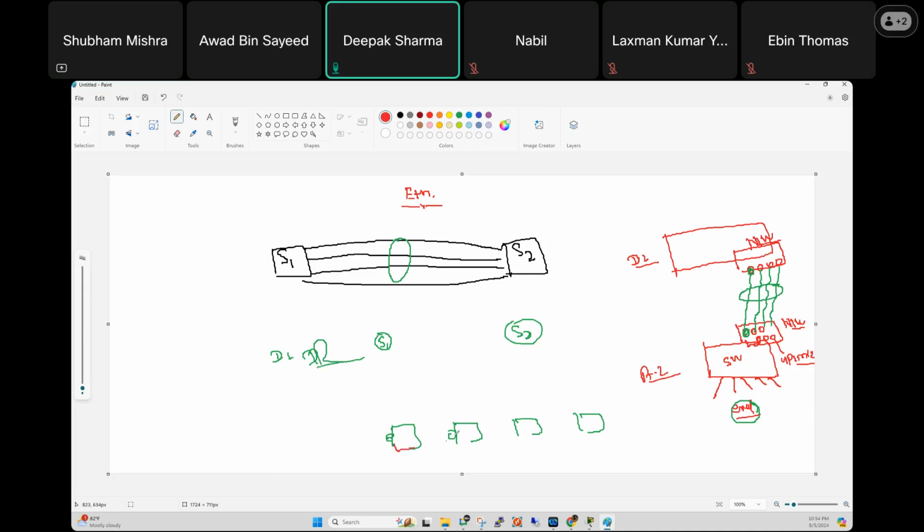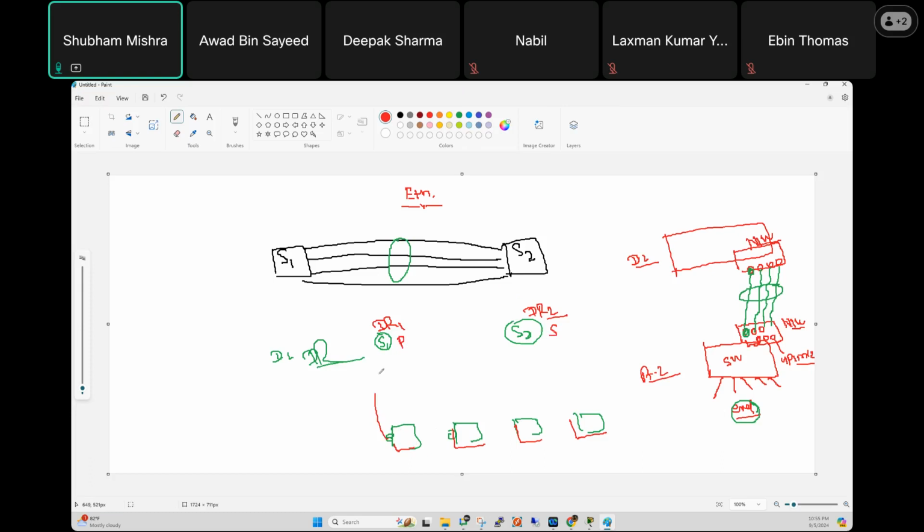So for every access switch, how many DRs are there? There are 2 DRs. Let's suppose this is my DR number 1 and this is my DR number 2. Among these 2 DRs, one will be our primary DR and one will be our secondary DR. When the uplinks are connected, through this switch there are 2 uplinks.